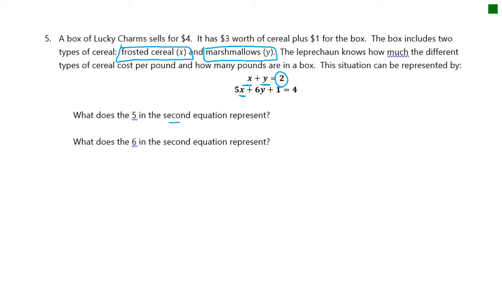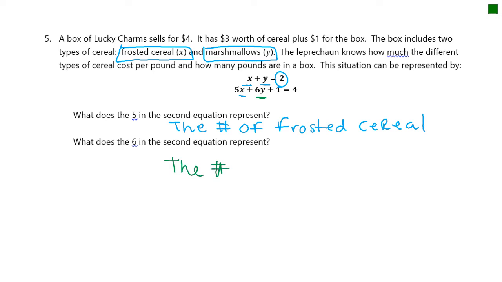So 5 represents the number of frosted cereal. What do you guys think the 6 represents in the second equation? Well, it's next to y. y means marshmallow. That means that it's the number of marshmallow cereal.